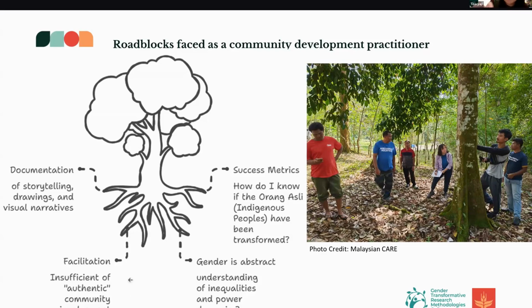Okay, so if you look at it, one of it is when I listen to the oral storytelling, or even when I use participatory mapping. I'm referring to maps drawn by the indigenous people, either by hand or even we use GPS. I think if you look at the picture here, I'm actually using GPS together with the indigenous people. They themselves have been trained to use technology.